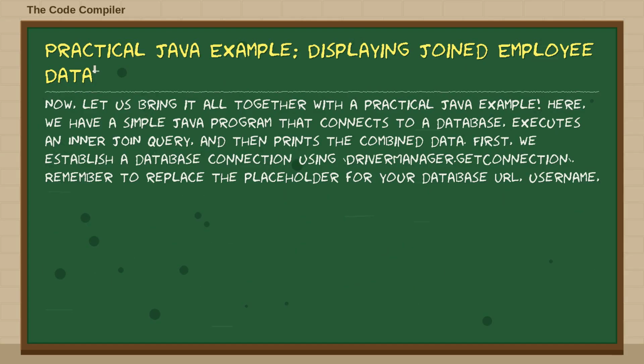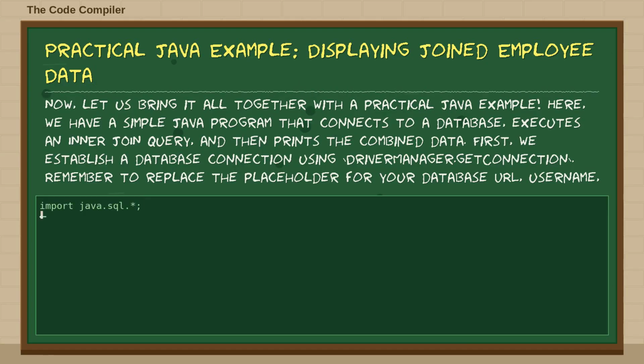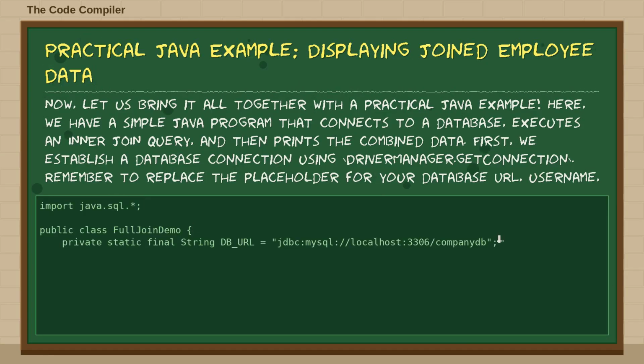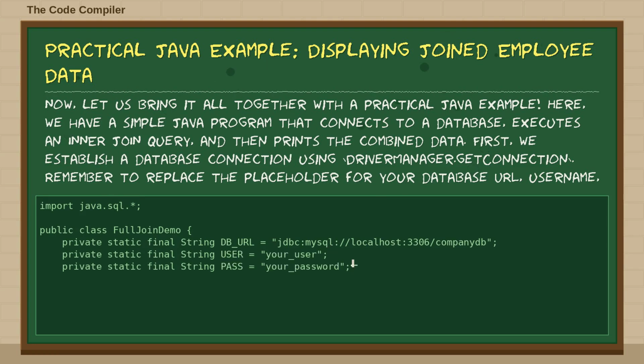Inside the loop, we retrieve column values using resultSet.getString and print them. Finally, and very importantly, we close all our resources like the resultSet, statement, and connection in a finally block to prevent resource leaks. This complete structure ensures your Java application correctly fetches and displays joined data.